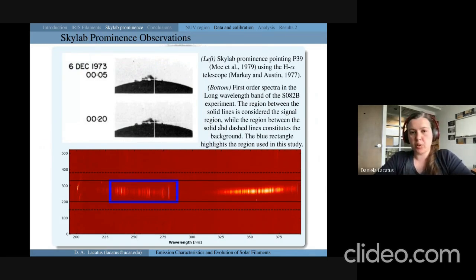We are interested in this study only in prominences that are observed in the near-ultraviolet in the longer wavelength region. And from this, we are only interested in the spectral region to the left of the magnesium-2 resonance lines.